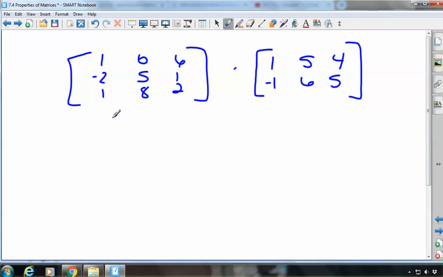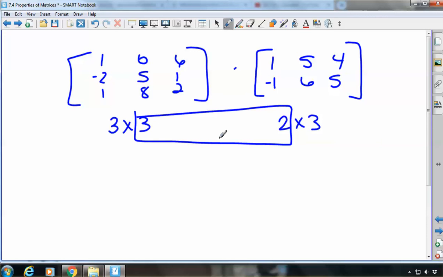What's the size of the first one? Second one? So these numbers don't match, so you tell me no solution.